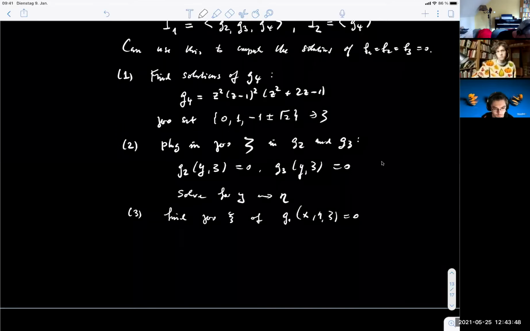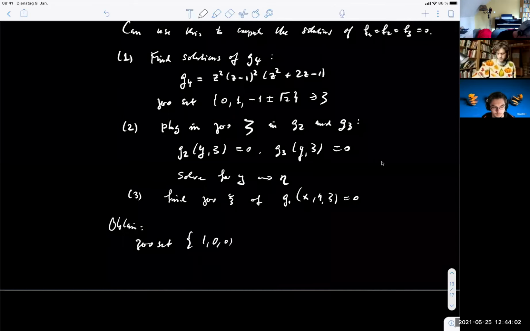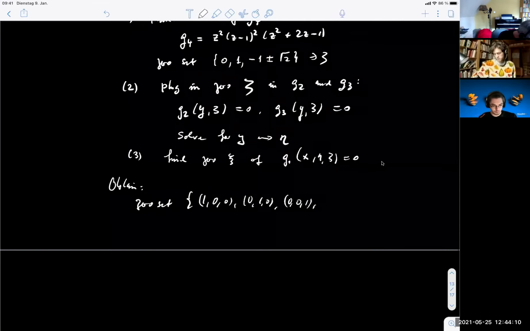Now, if one does this calculation, I don't want to bore you, but one gets the following 0 set: 1 0 0, 0 1 0, 0 0 1, and then 2 more, -1 plus square root of 2, same component and the same game with the minus.